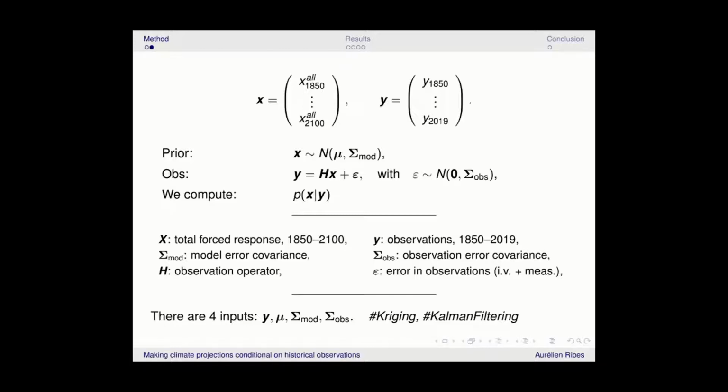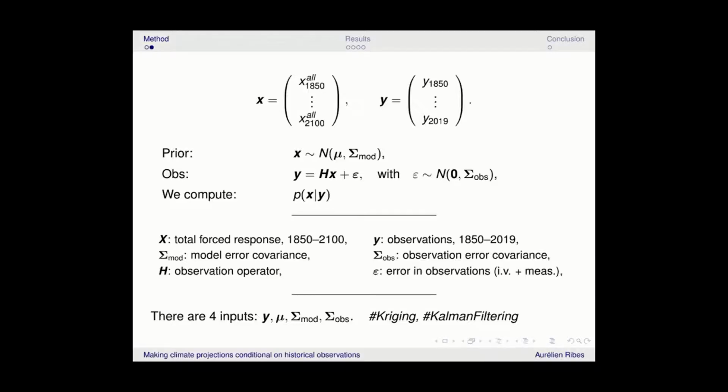So it's basically the type of questions we had with Peter. It's exactly the same thing, but the Kalman filtering here is only a one-step filtering. There is no iteration. So in my view, it's a bit closer to Kriging, but it's still the same idea.